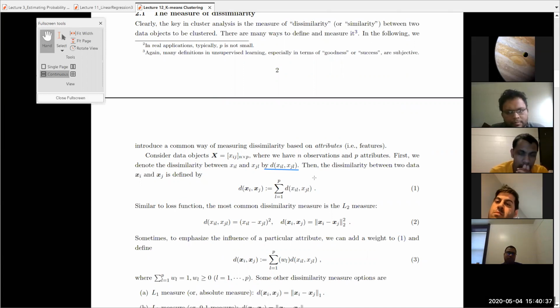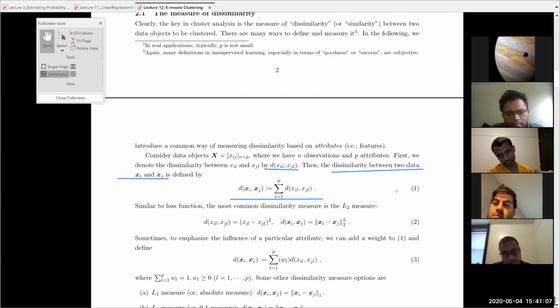Then the dissimilarity between two data, x_i and x_j, is defined as the summation over all features l of d_l. Be careful here: x_il and x_jl mean the i-th data's l-th feature and the j-th data's l-th feature. The summation over all l's becomes the dissimilarity of the two data.